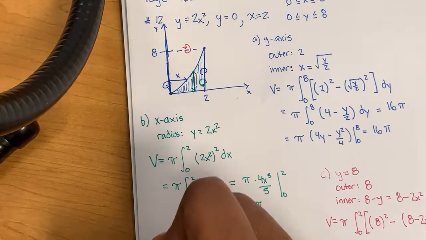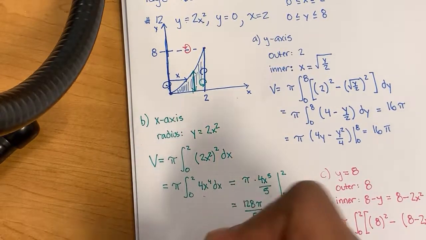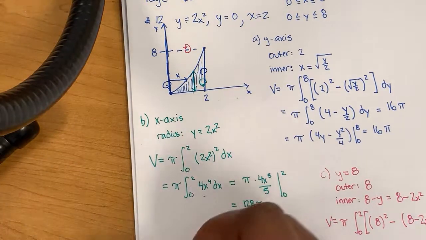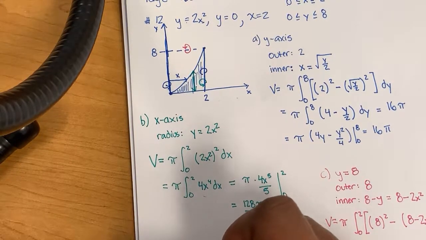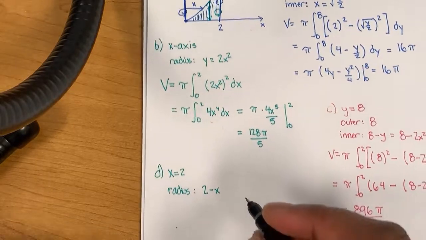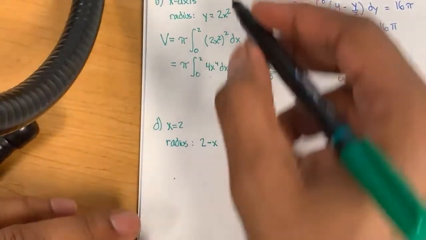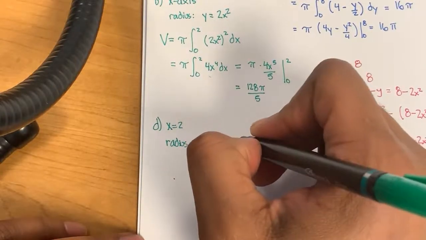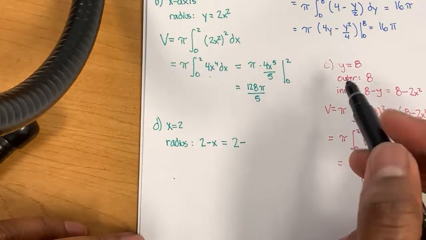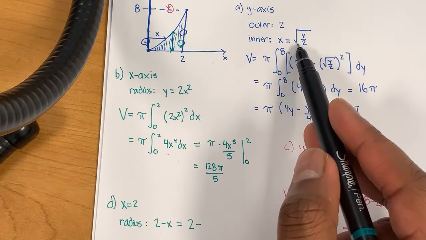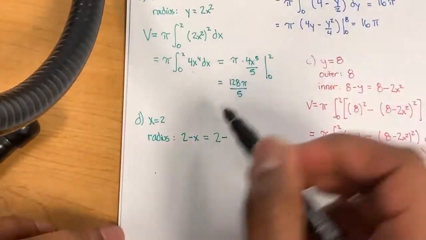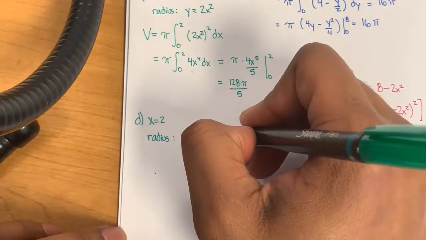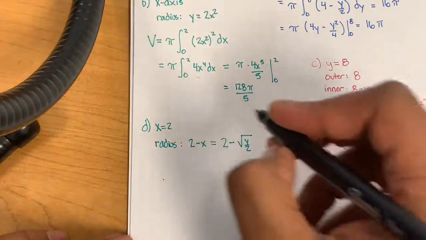The only radius that we have, because it's going to produce a solid with no hole, is 2 minus x. But since we're rotating around a vertical line, we need to express this in terms of y. So it's going to be 2 minus, we already determined x equals the square root of y over 2. So our radius is 2 minus the square root of y over 2.